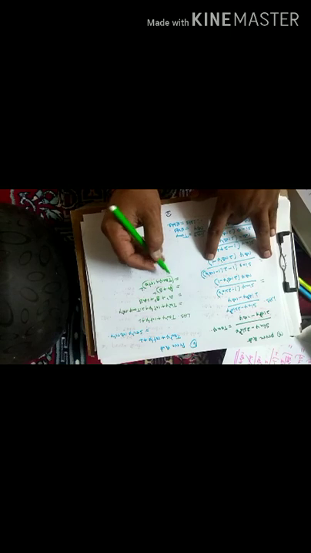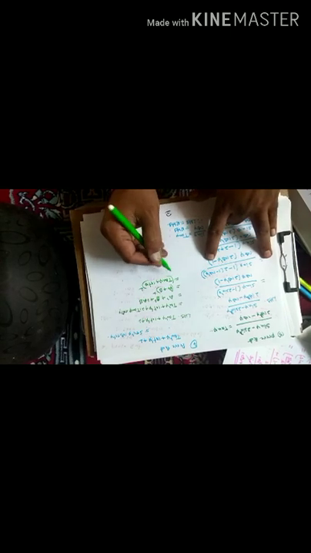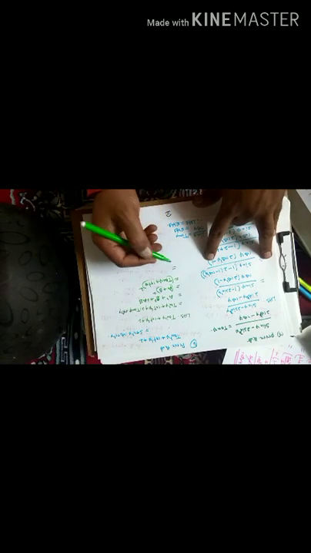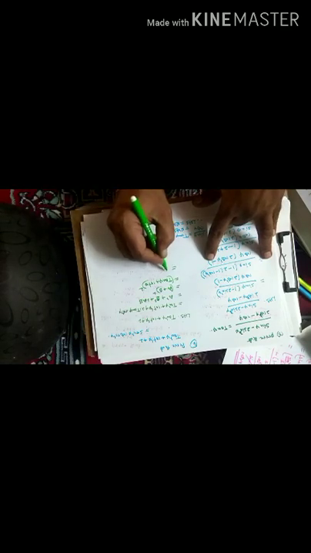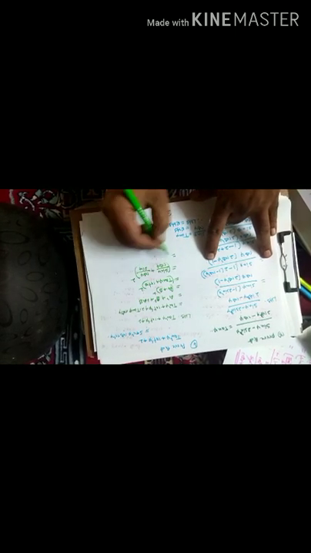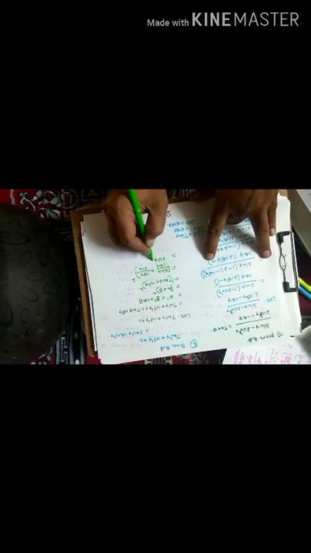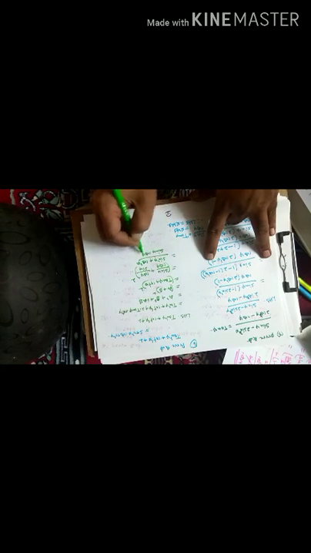Now this tan theta plus cot theta whole square, we can write as sin theta by cos theta plus cos theta by sin theta whole square. And if we go for the LCM, this is nothing but sin square theta plus cos square theta by sin theta cos theta whole square. So next step, this is 1 because sin square theta plus cos square theta is 1, by sin theta cos theta whole square.